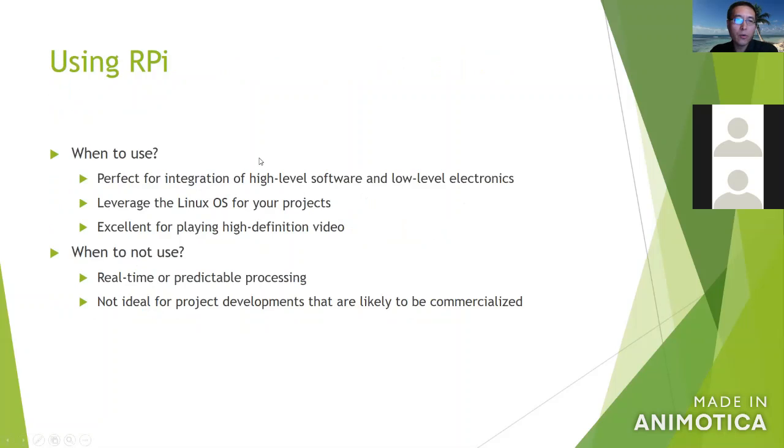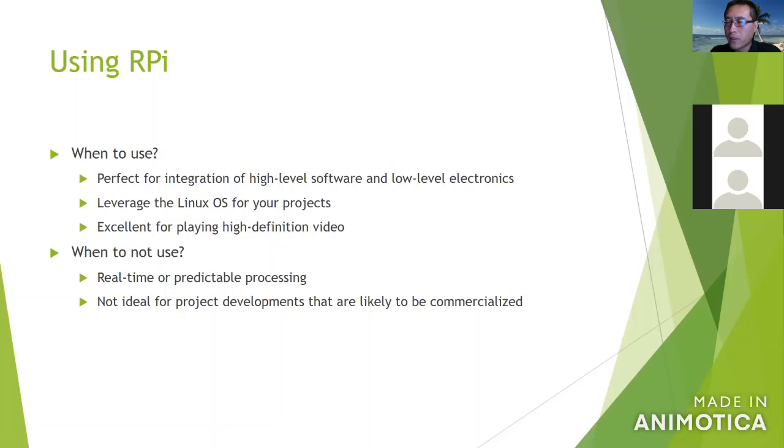When we use Raspberry Pi, it's perfect for integration of high-level software and low-level electronics. High-level software means instead of using assembly language or machine language, you can use C++, you can use Python. C++ and Python are considered high-level software.